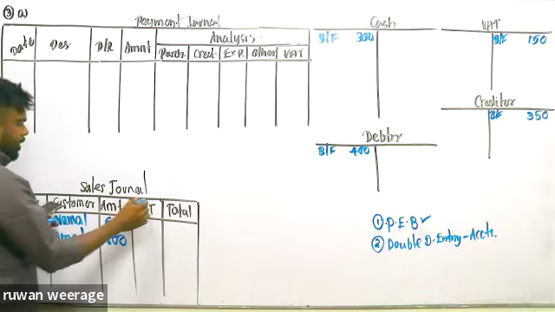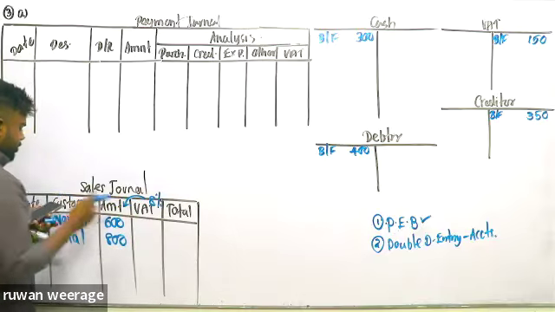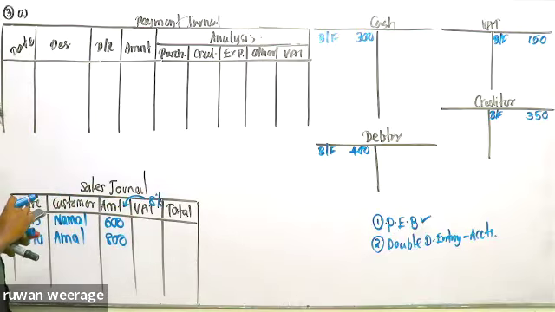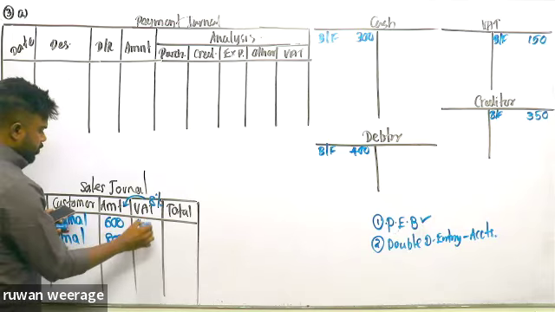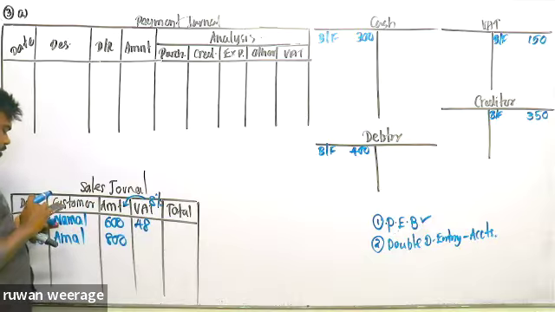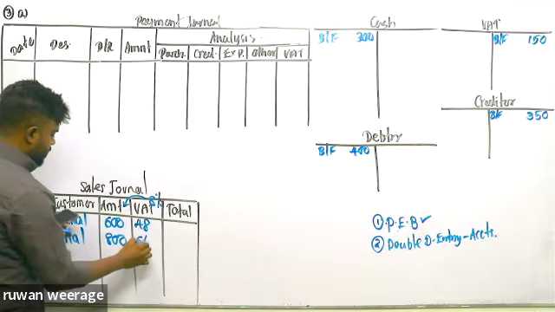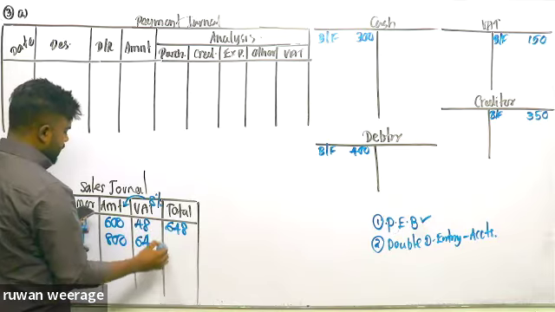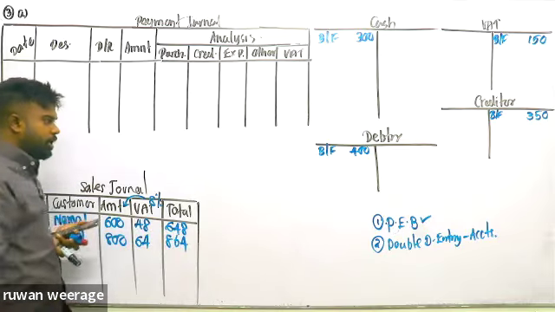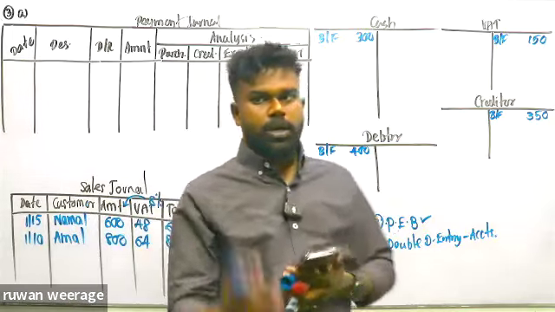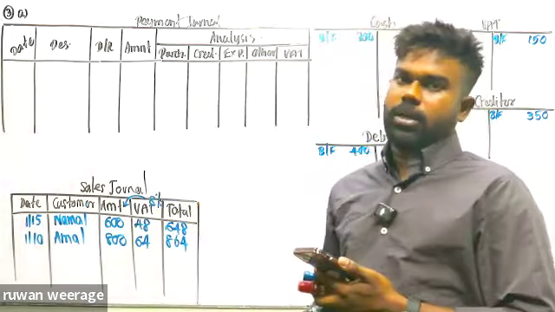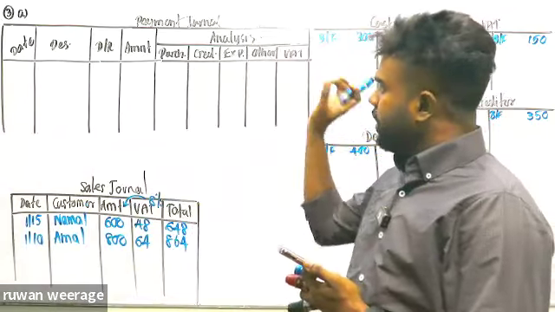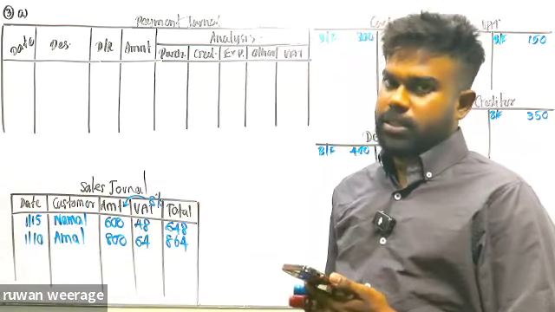I think the VAT percentage is 8%. 600 into 8% is 48. 800 into 8% is 64. So the totals will be 648 and 864. Read and record. If there's a prime entry book, record directly. Prime entry book done.